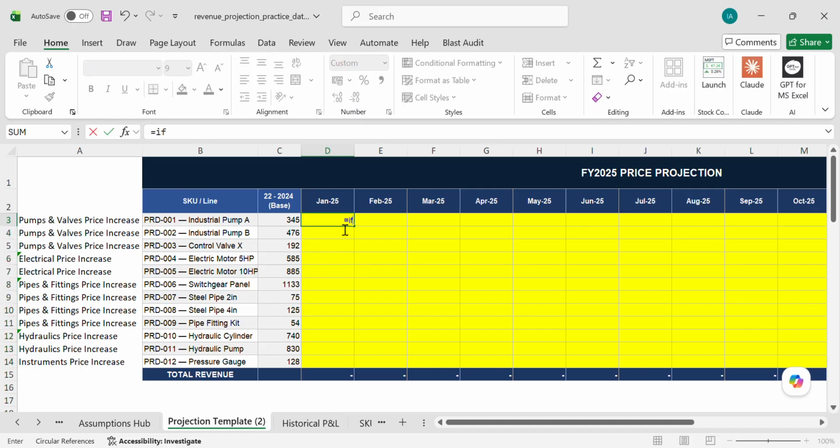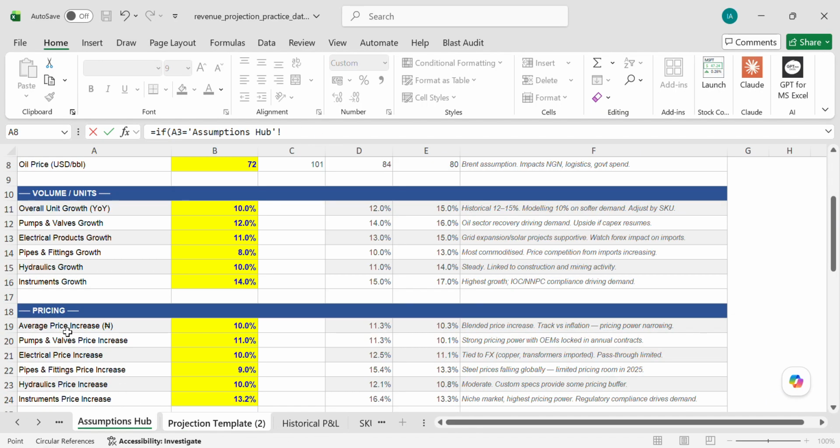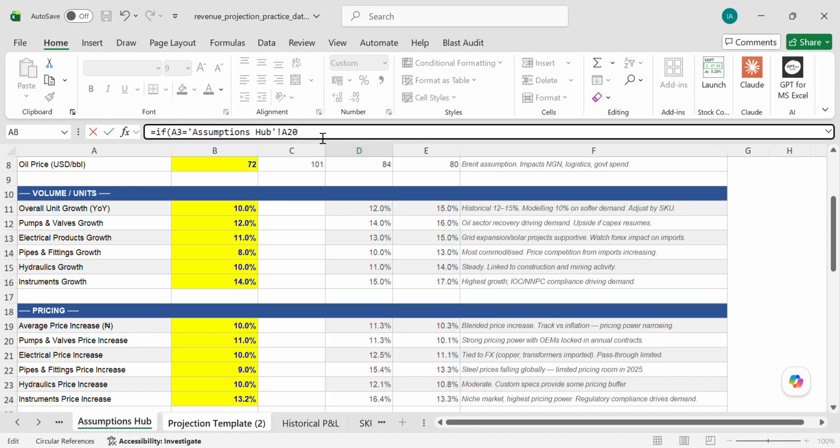If, yeah, this is the formula. If this equals this, it is going down, right? Let's anchor this one because it will be going down, moving across rows.